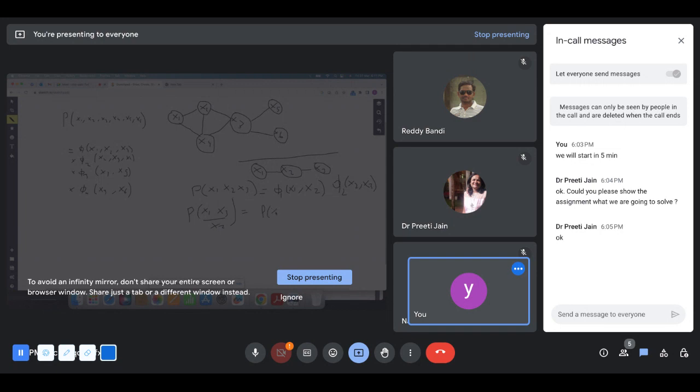That means you can write it like this: p of x1 given x2 times p of x3 given x2.